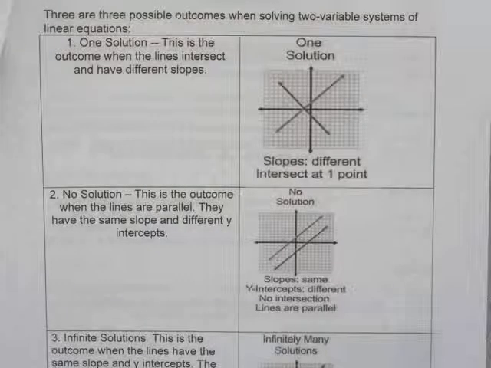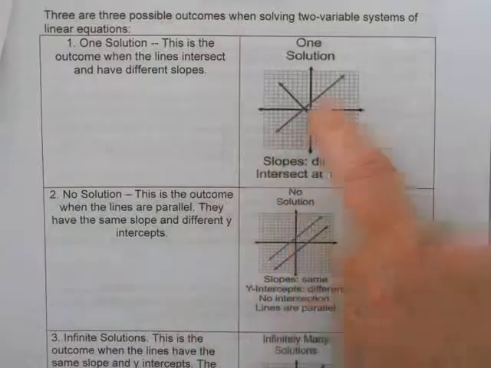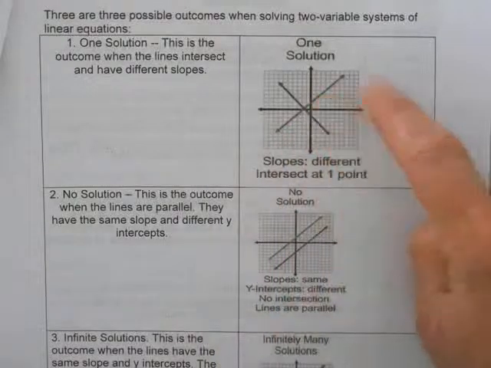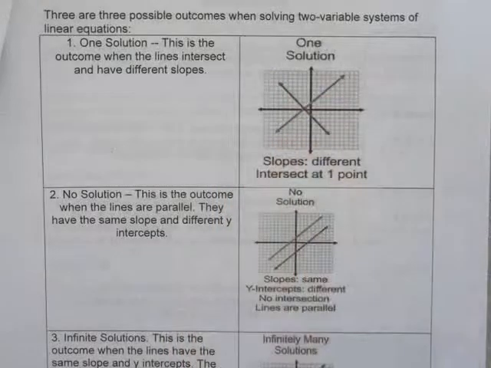All right. The first possible outcome is that there's one solution, and that occurs when you have lines that intersect. And this is the outcome, as you can see, when the lines intersect. So in other words, they'll have different y-intercepts, and they'll have different slopes. And that would be this, right? This line's y-intercept is here, this line's y-intercept is here, and because they have different slopes, they're going to intersect at some point on the graph.